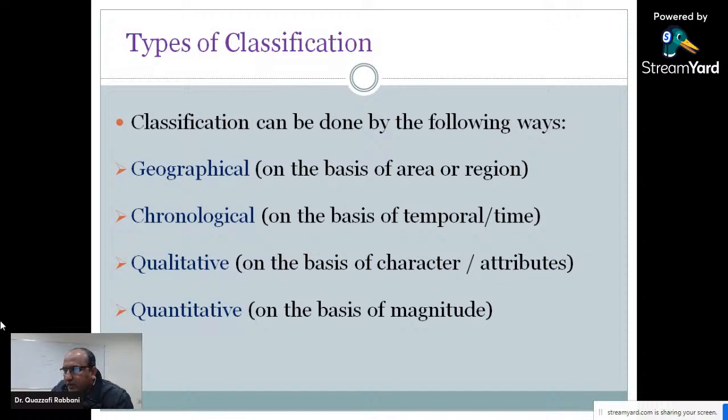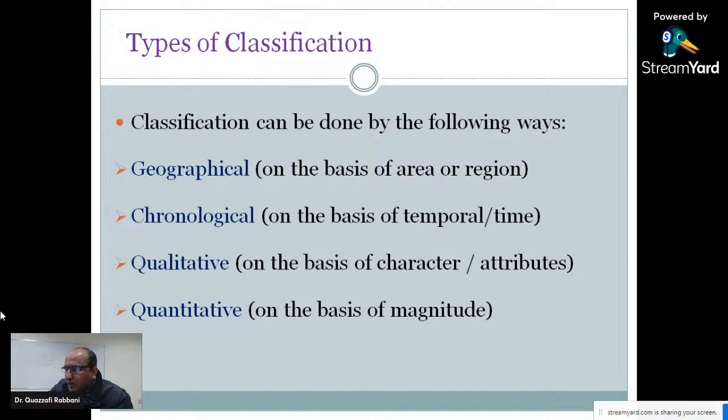First is geographical, on the basis of region or area. Chronological is data on the basis of time. Qualitative is data on the basis of characteristics and attributes, and quantitative is data on the basis of its magnitude.